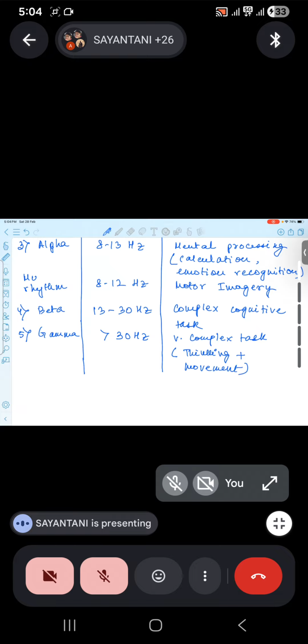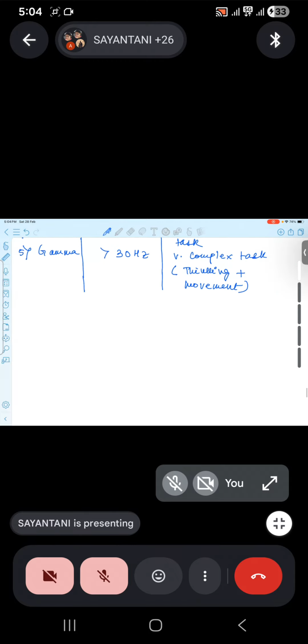Like if you are playing some kind of sport, right? So you're thinking about how you would beat your opponent, and you're moving accordingly also, right? So that is a very complicated cognitive task, and during that process your gamma band gets activated. So these are the basic frequency bands associated with EEG signals.